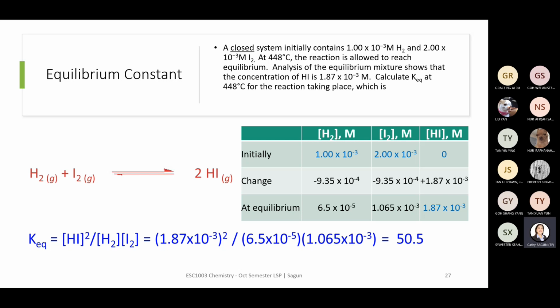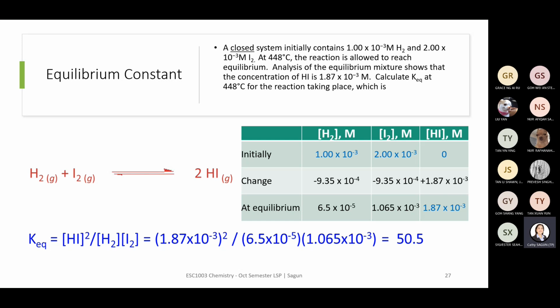And then if you add it together, 1 times 10 to the minus 3 plus negative 9.35 times 10 to the minus 4, what you'll get is 6.5 times 10 to the minus 5. And if you directly do this, you can get 1.065 times 10 to the minus 3. And you know your KEQ is equal to products over reactants.